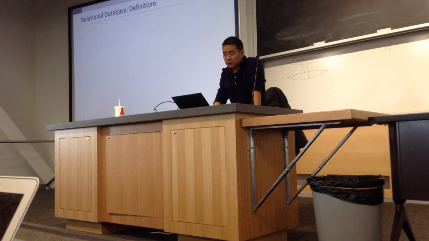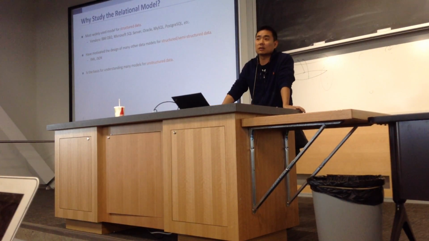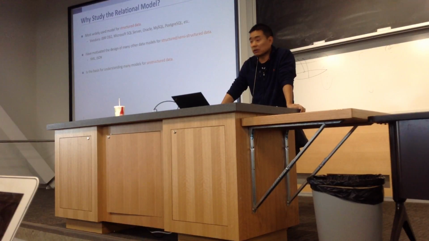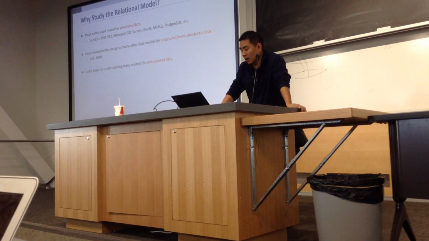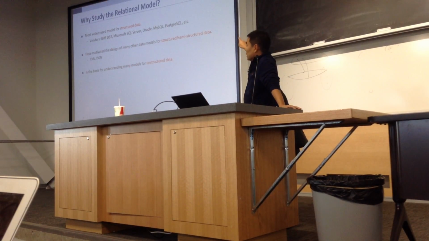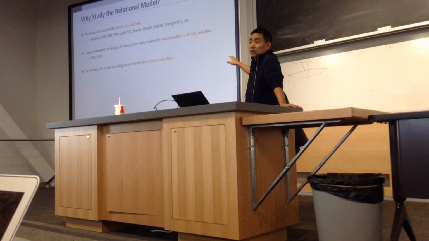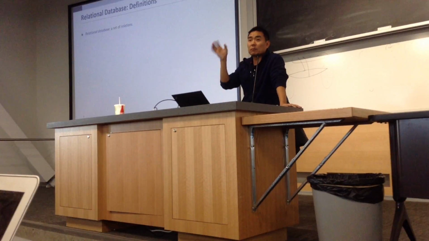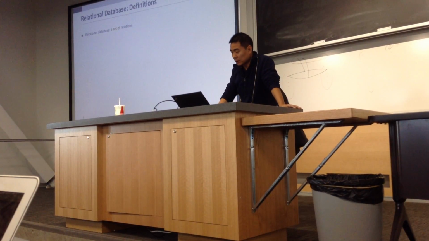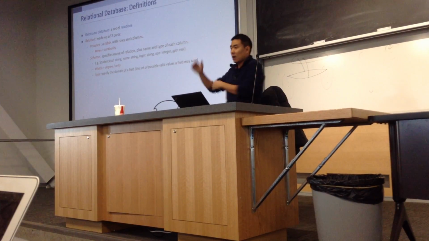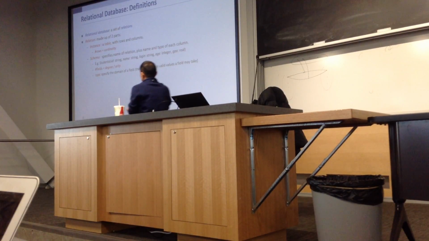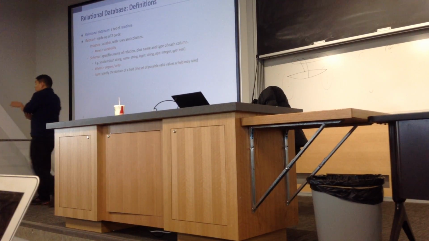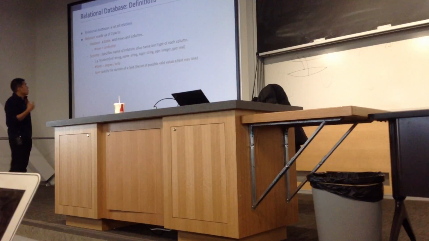So why study the relational model? Because the relational model is the building block for structured data in relational database management systems. I talked about the difference between structured data, semi-structured data, and unstructured data, so I'm going to skip this slide. The relational model is the building block for managing structured data. So here comes the formal definition of the relational model. The definition is actually fairly straightforward.